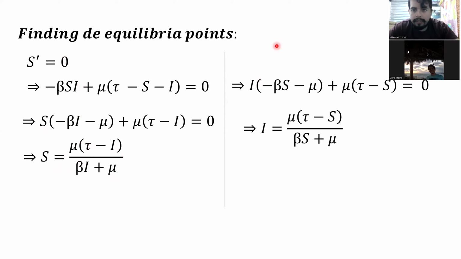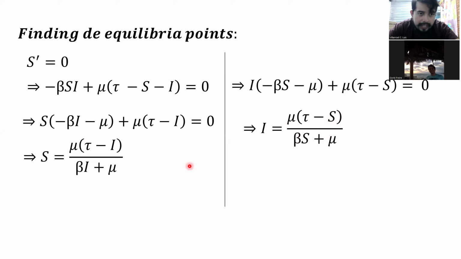But if we resolve it in another way, for example, if we factorize I and the factor mu, we are going to have I times minus beta S minus mu, plus mu times tau minus S, equal to 0. So I is going to be mu times tau minus S over beta S plus mu.